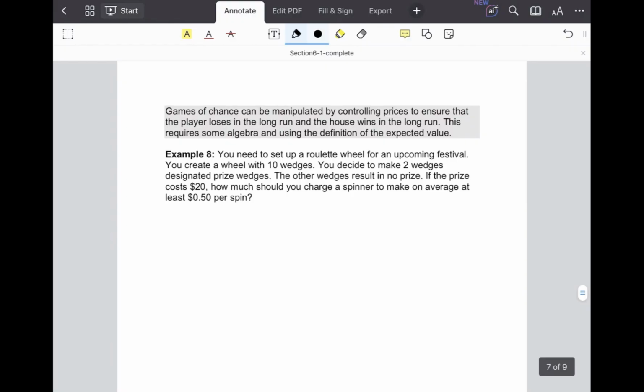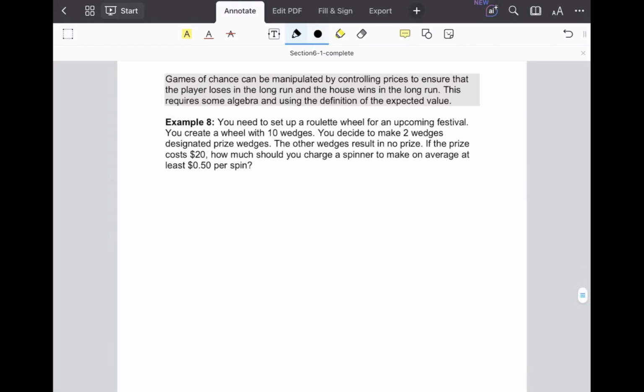Okay, now games of chance can also be manipulated by controlling the prices so that in the long run the house wins. And it does require a little bit of algebra in order to do this. But it's kind of cool to see how you can control these things and make things profitable if you were running a game of chance.